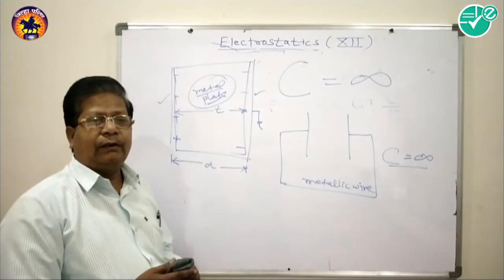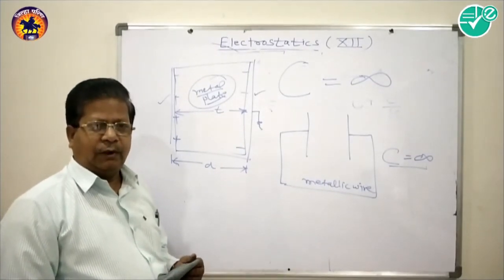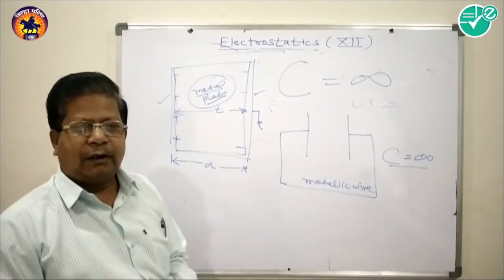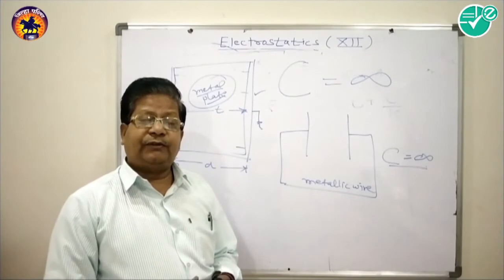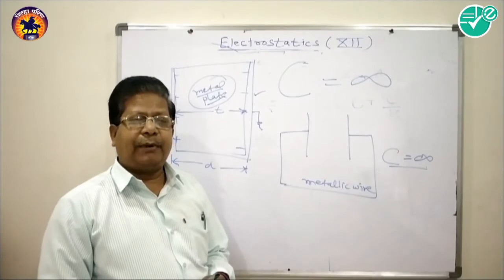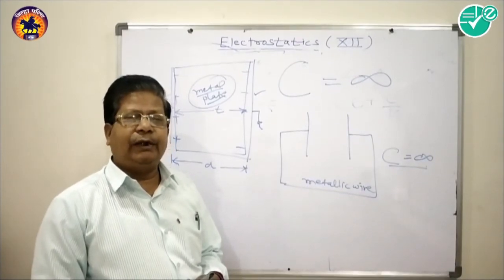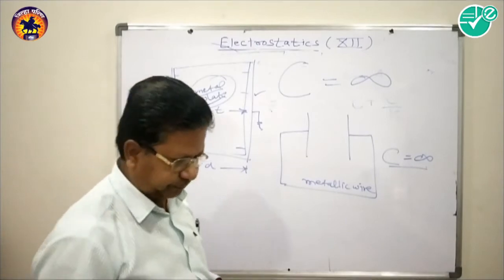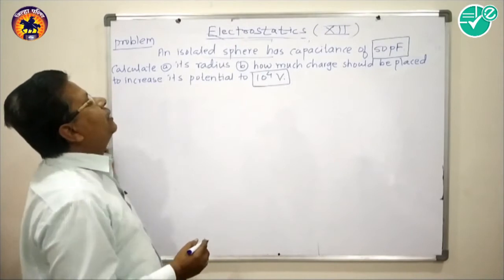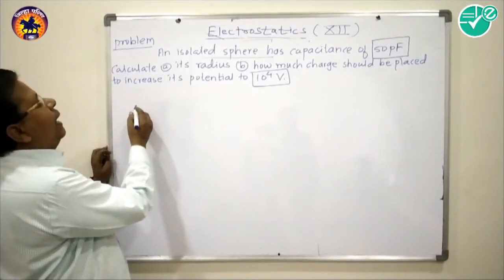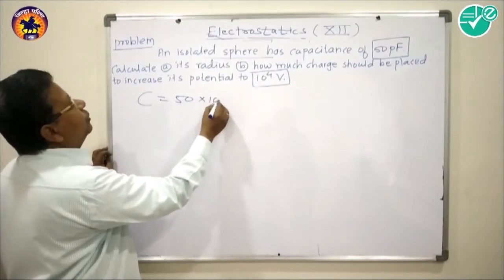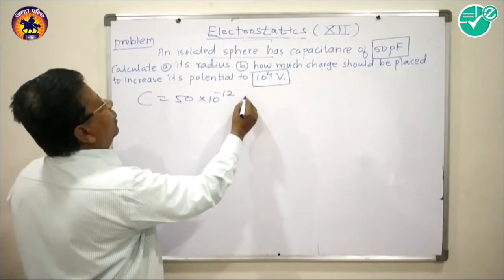Now we will take some numericals which are based on the concept of capacitor, capacitance, and parallel plate capacitor completely filled with dielectric. In this problem, we have been given an isolated sphere and its capacitance is C is equal to 50 into 10 to the power minus 12 farad.